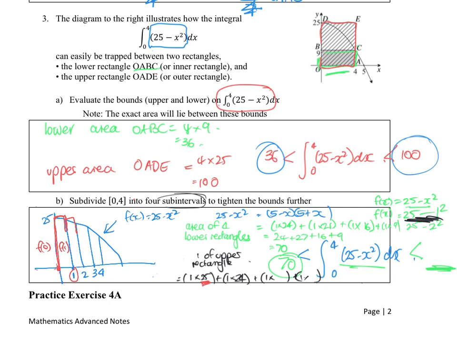Then the third one is f(2), which is 25 minus 2 squared, which is 21. And the last one is f(3), which would be 25 minus 9, which is 16. When you do all that calculation, you get 86.